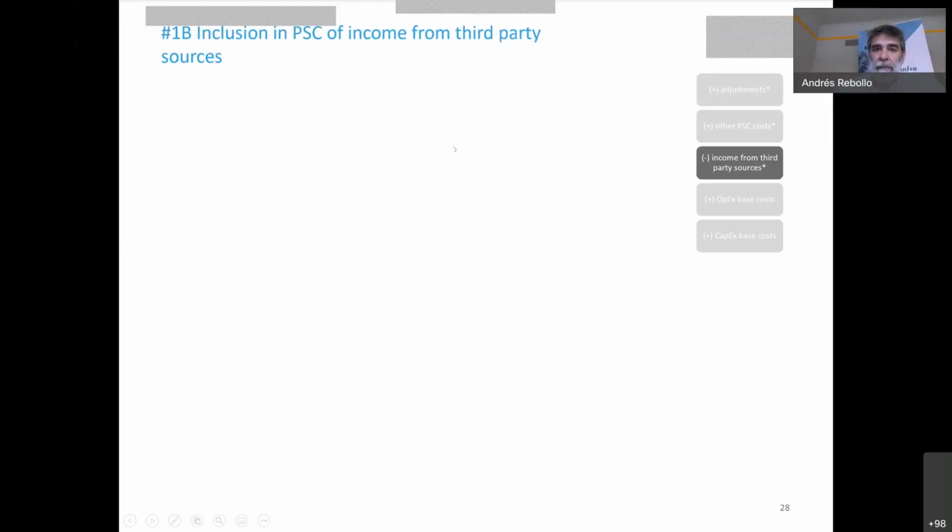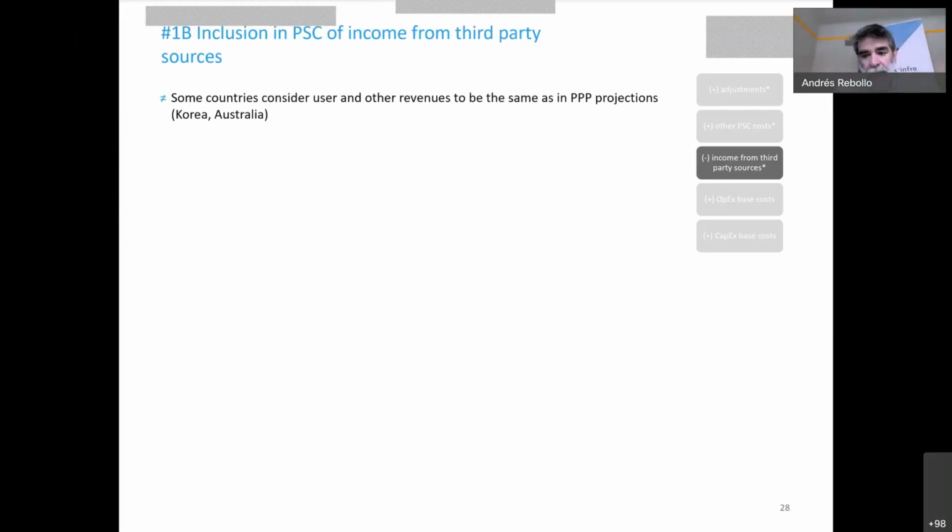Okay. Inclusion of the income from third-party sources. Okay, we are here. Income from third-party sources. Some countries consider user and other revenues, other commercial revenues, for example, revenues coming from a parking in the hospital, revenues coming from the cafeteria, and by user revenues we mean the true user when there is a charge to the users in a water project or in a real toll road.